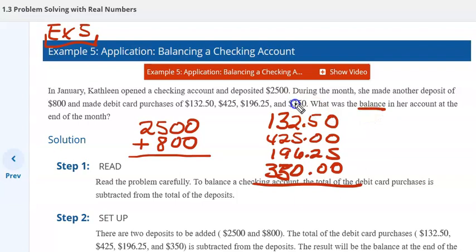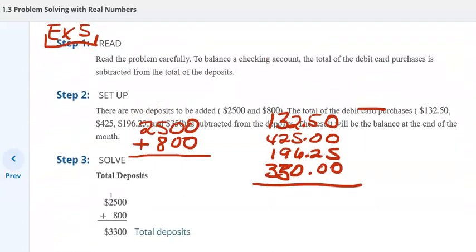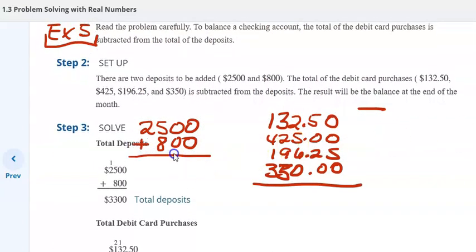Again, read carefully, take some notes, solve it, and of course you'll have practice in your practice and certify. Let's go up. This becomes 3,300 that you can put right there.